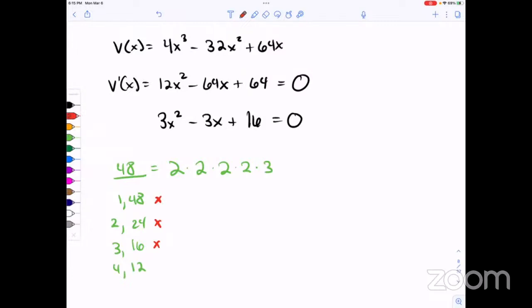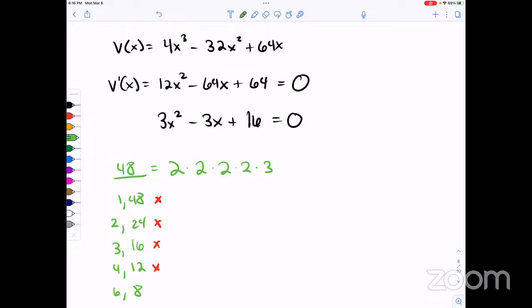If we use that 6, we have 8 left over. So 6 and 8, but nothing adds up to -3.